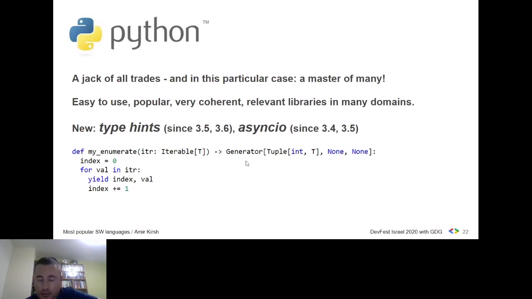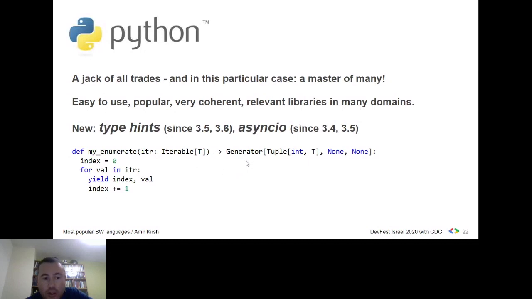It can be compiled. People in some cases treat Python as a scripting language, which means it is slow. But in many cases, it is not slow because you're using external libraries, which eventually are implemented based on C, like NumPy and TensorFlow and many others.